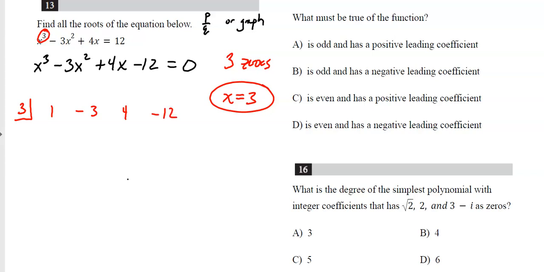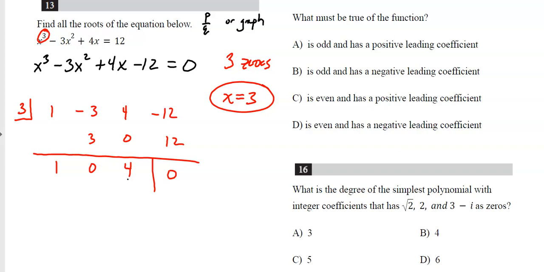And I'm going to hope to whittle this down to a quadratic where I have other ways to solve. So when I whittle this thing down, 1 comes down, 3 times 1 is 3, add them up. 3 times 0 is 0, add them up. 3 times 4 is 12, add them up. Awesome. I knew it was going to go in there evenly because it was a 0.